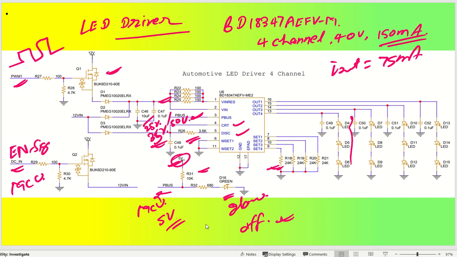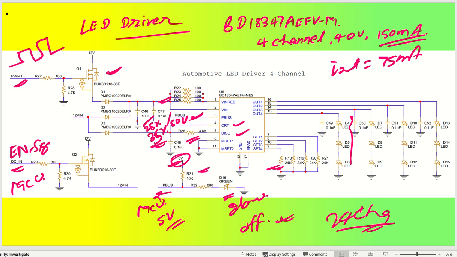So I hope you have a good understanding of this particular implementation. If you want some extra understanding of any particular design, or any other method of designing this particular IC, or maybe some other automotive LED driver application using some other number of channels, let's say 8 channels or 12 channels or 16 channels or even 24 channels, we will be coming up with one more very good workshop with 24 channel LED driver ICs, which will be a very high end IC from ROHM Semiconductor itself.